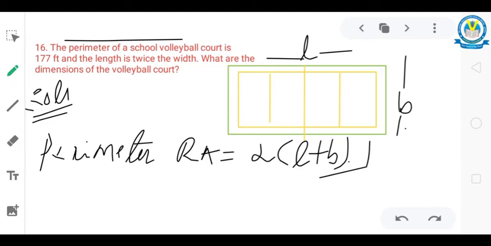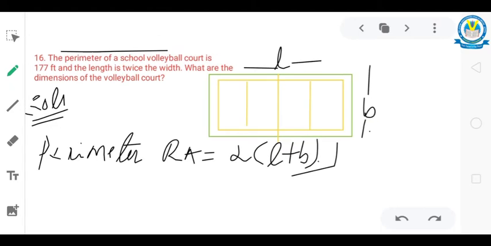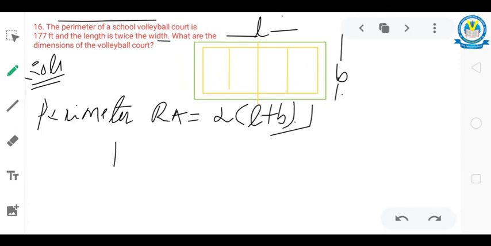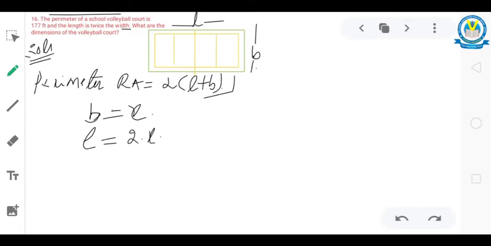We don't know the length and breadth, but here the length is twice the width, or breadth. So let us assume width B equals x. So L equals 2 times the width, so 2 into x, that equals 2x.